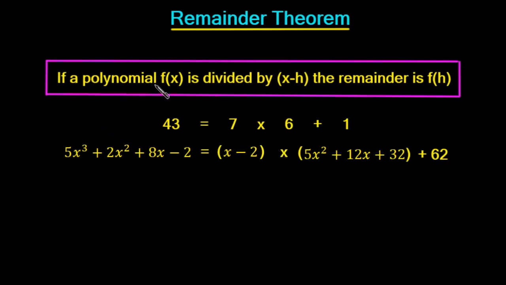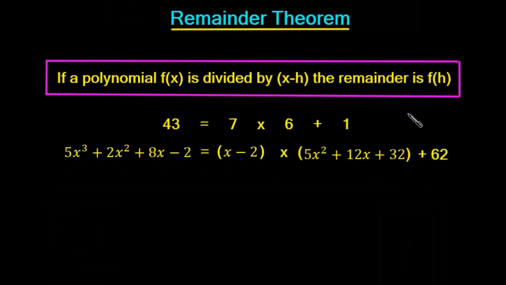It's saying the polynomial f of x, so that's this one here, if it's divided by some other polynomial x minus h, well, that's this one here, x minus h, then the remainder is going to be, and this is the main point here, 62.